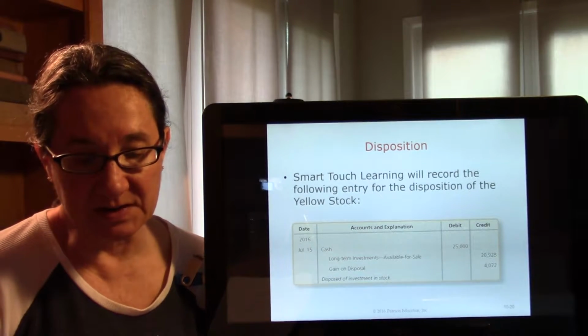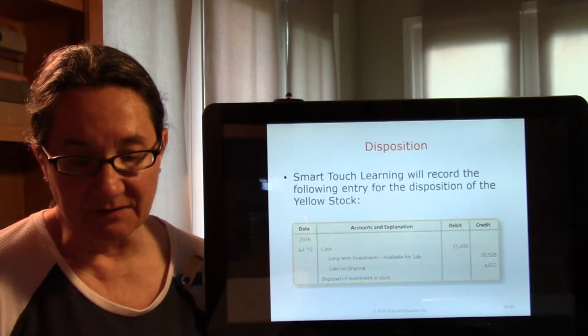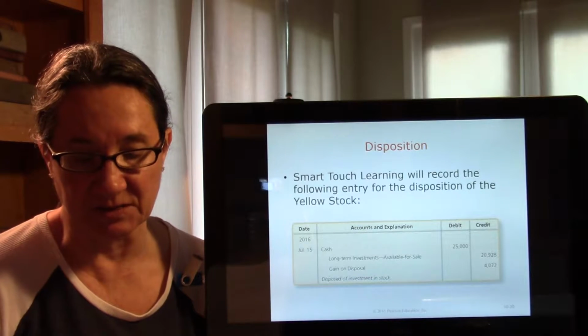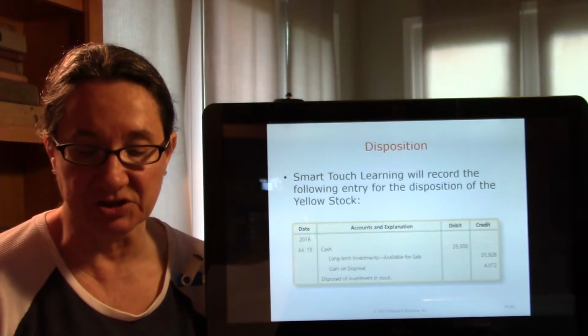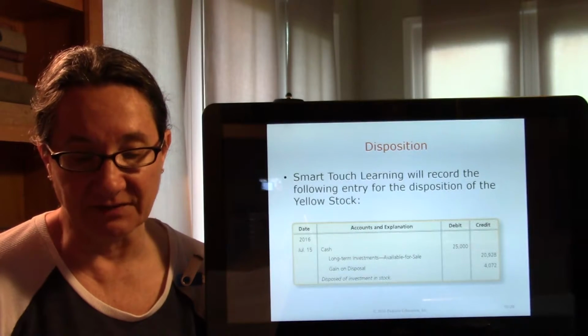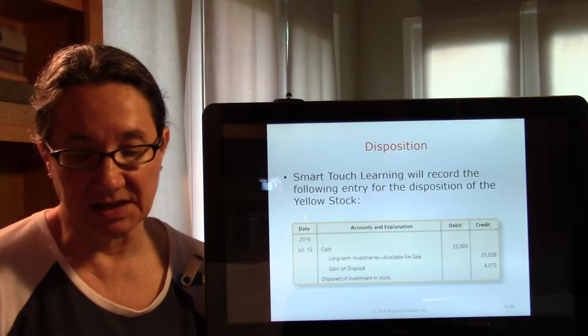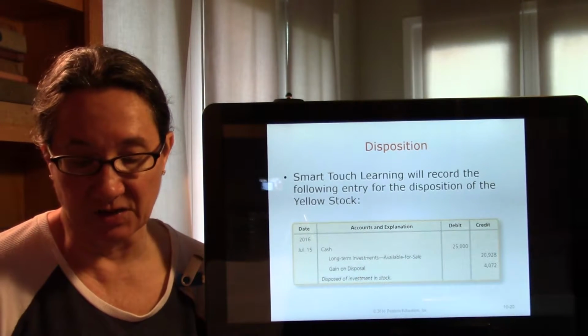The entry requires a debit to cash for $25,000. However, the investment account must be credited only for the cost of the 800 shares that were sold. Because the original cost was $26.16 per share, we can calculate the cost of the 800 shares sold as 800 shares times $26.16 per share equals $20,928.